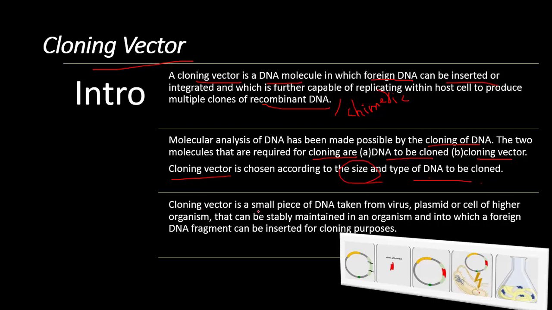Cloning vectors are basically a small piece of DNA, and we can take them from plasmids, viruses, or cells of higher organisms like human cells, and then we stably maintain them in our host organism, into which our desired DNA fragment can be inserted for cloning purposes.